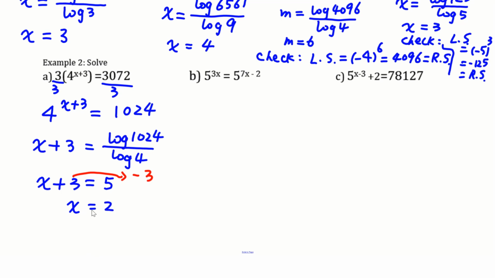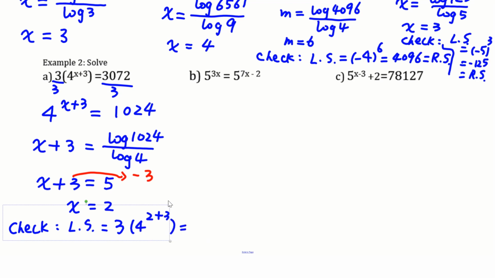And this is done. You could always check it by substituting it in. This is optional, but you could check by substituting x equals 2 into the left side: 3 times 4 to the exponent 2 plus 3.